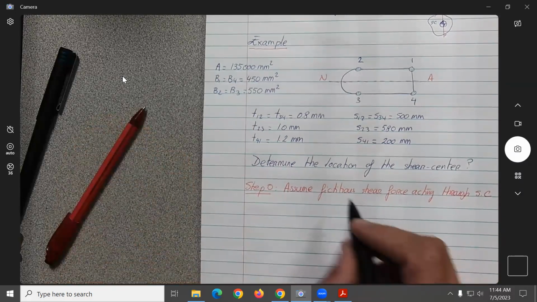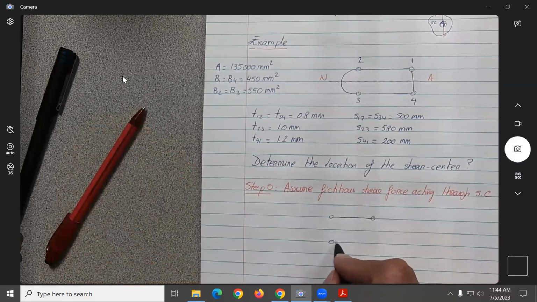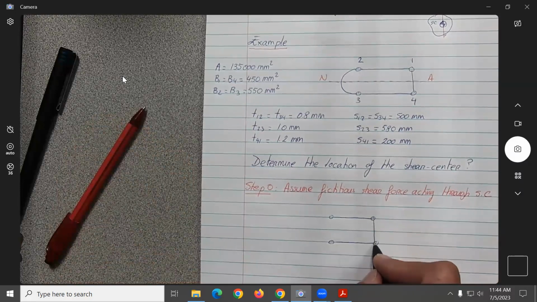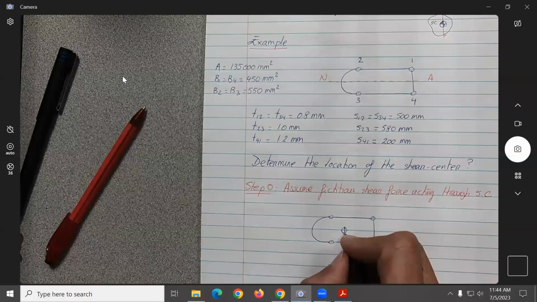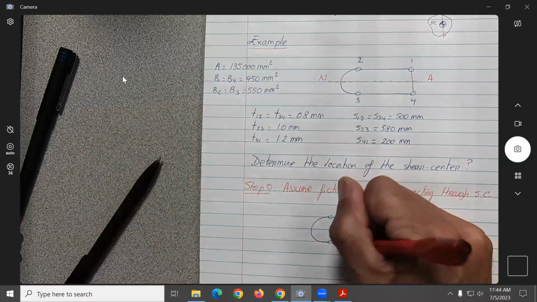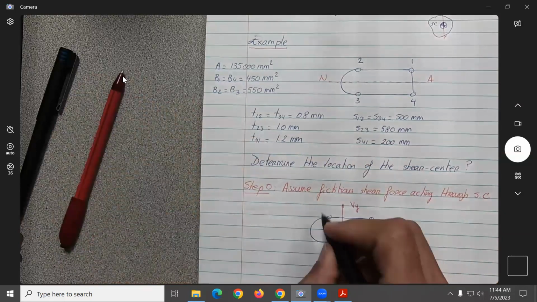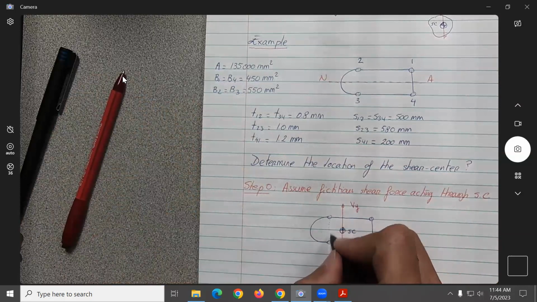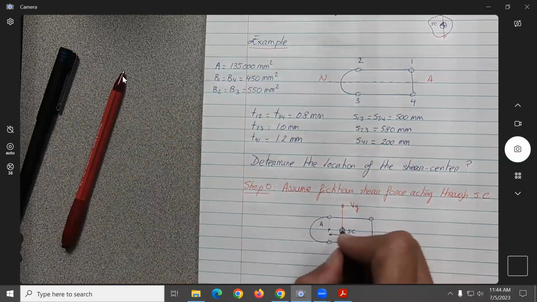So if I do a figure, I like figures. Okay, I don't know where the shear center is going to be, but let's say I assume it's over here. I will assume a fictitious shear force over here. Let's say this will be our point A. And let's say that distance here will be the location of the shear center, and I call this one E.